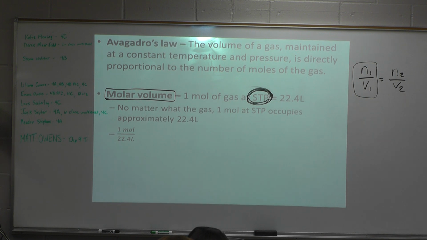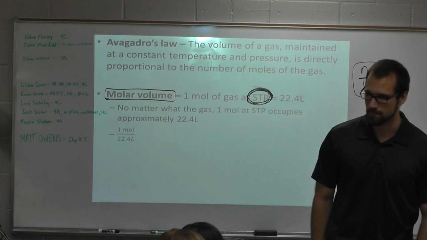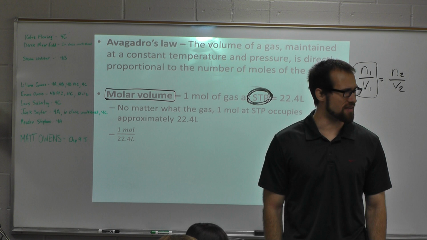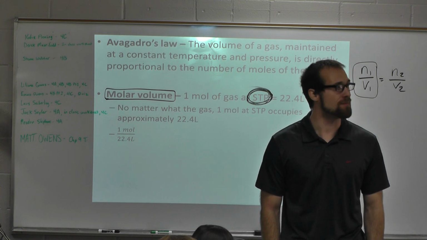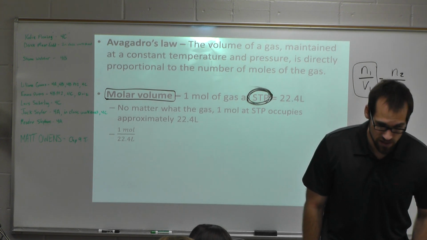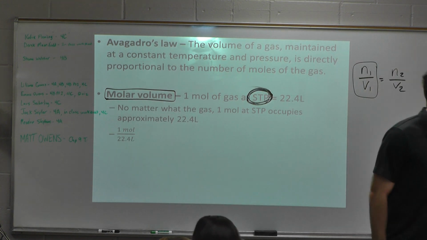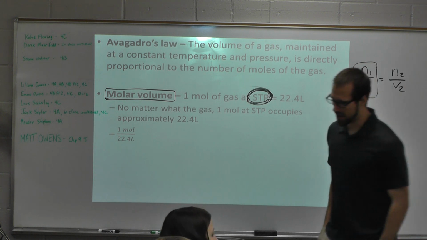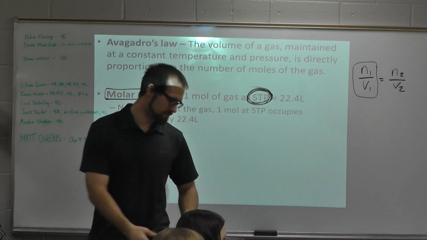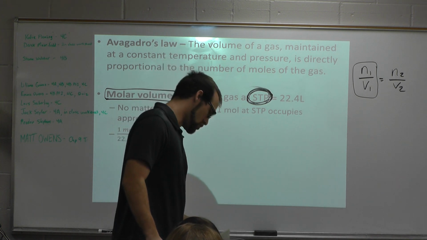If I got a mole of whatever gas, how much volume does it occupy? The reason they approximately occupy the same amount of space is because most of a gas is open space. Is it approximate or exact? It's approximate. So all gases the same? For volume, it's very similar.